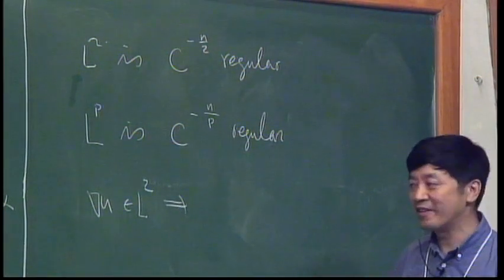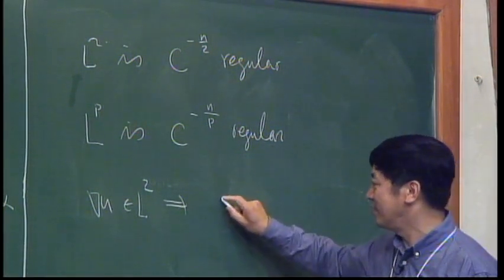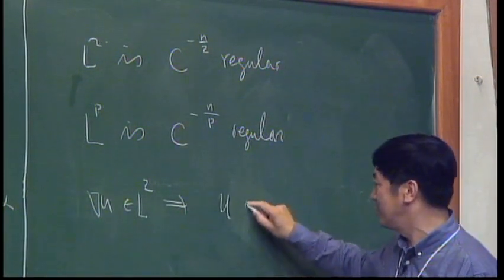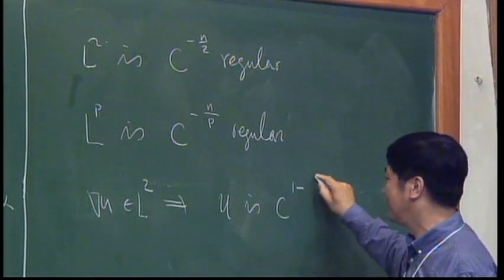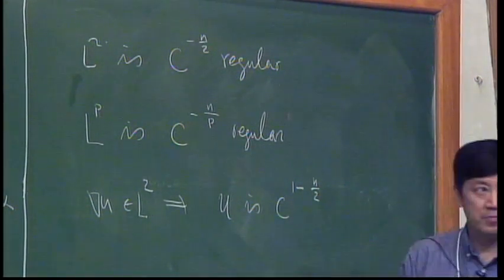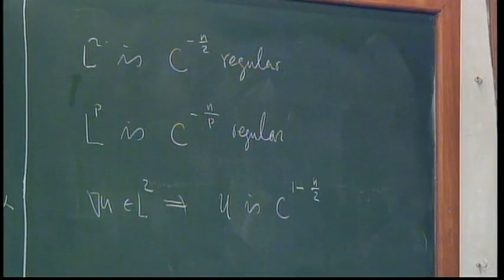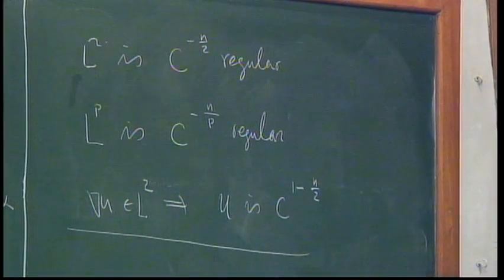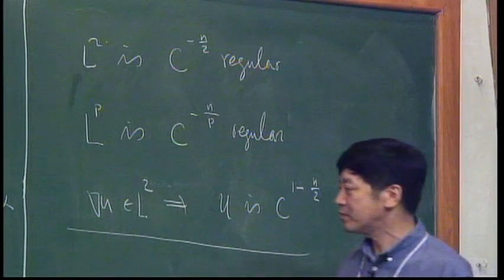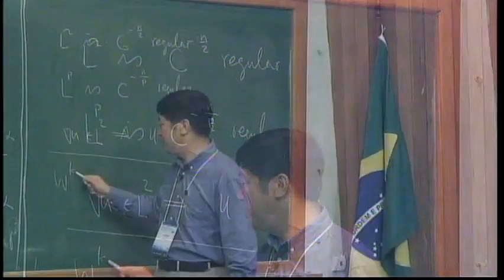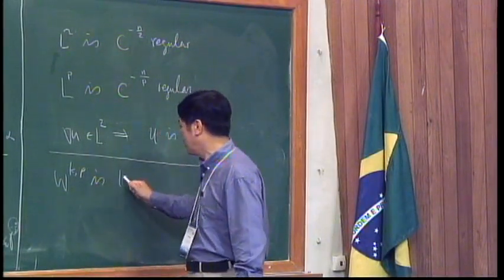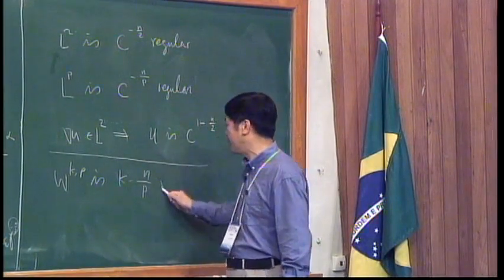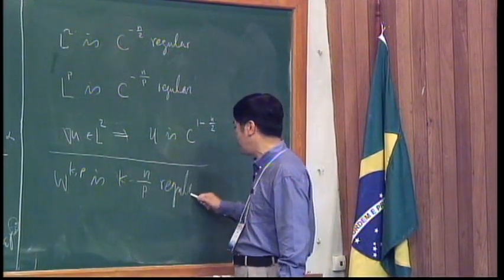Then you discover that U is C1 minus n over 2. And putting everything together, this is really complicated, so try to forget everything. Let me show you one sentence: W k,p is k minus n over p regular. That's the only thing you have to remember.